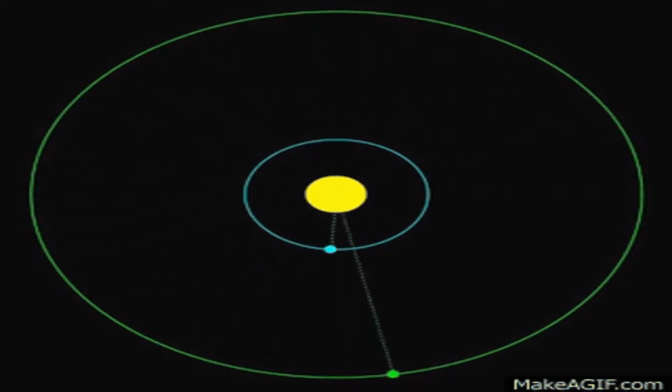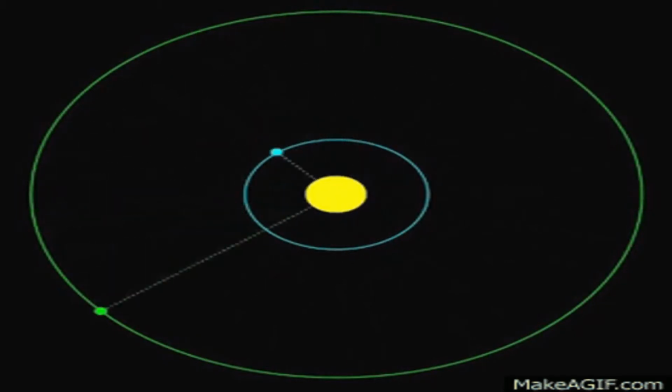Now, we know for a fact that the Earth takes about 365 days to complete one revolution around the sun, while Mars takes about 686 days to complete one revolution around the sun.